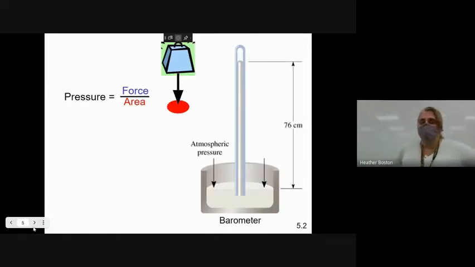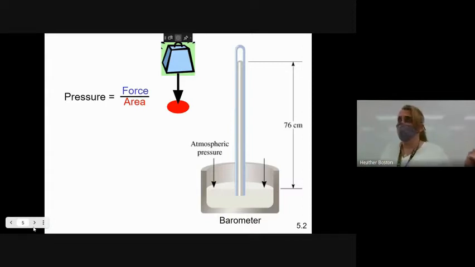Okay, we're going to start with a unit that might be a little bit new to you. So we all know what volume is. Volume is the amount of space that a particular substance takes up. Volume in chemistry class is either going to be measured in liters or milliliters. So we don't use a lot of those goofy measurements.